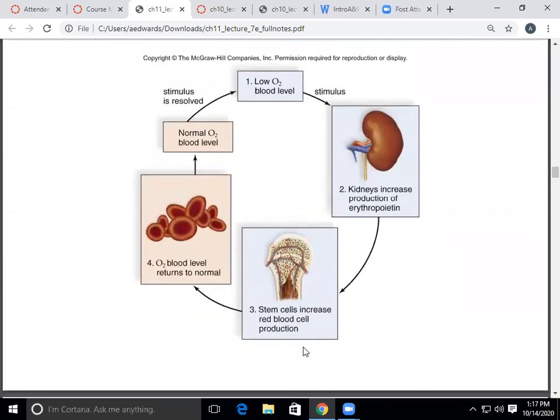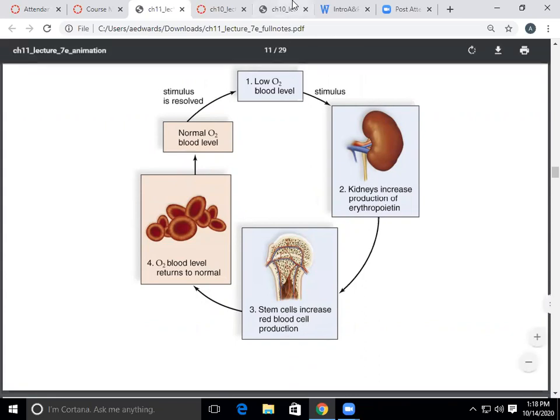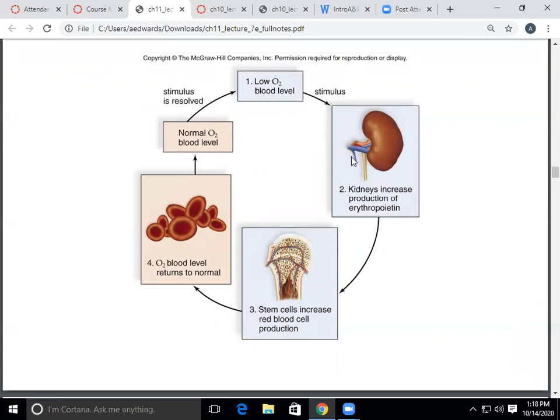So we've got a picture here. It's a circle, so it tells us there's probably going to be some homeostasis involved. Here your oxygen level in the blood is low. It serves as a stimulus for the kidneys to increase producing erythropoietin.